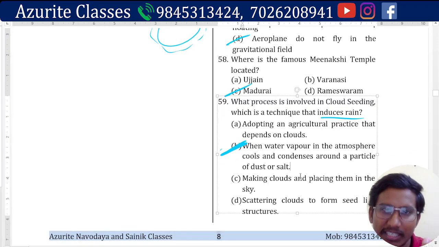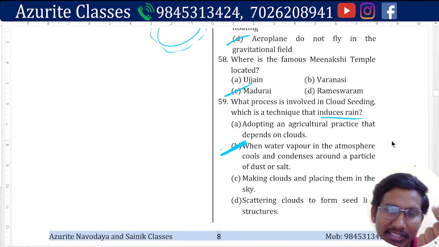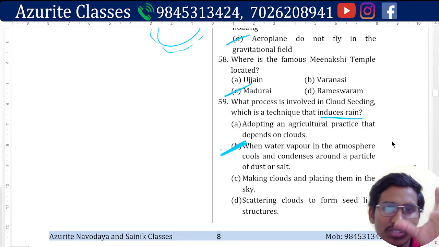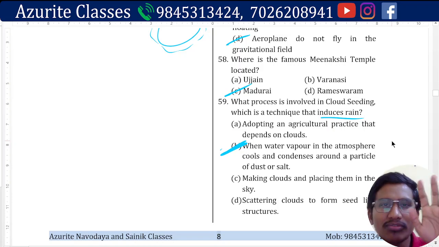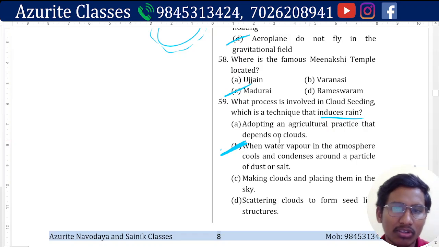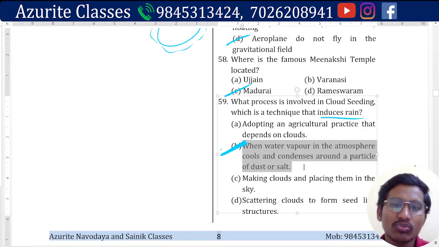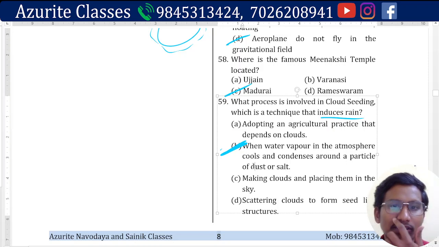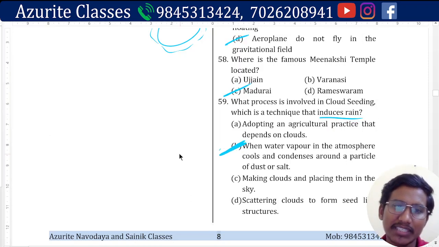That's how the rain comes. Fog, when it comes and cools and becomes droplets, will fall as rain. So the droplets form around the dust and salt particles, the chemicals thrown by the plane. Okay. So 59, B is the answer.